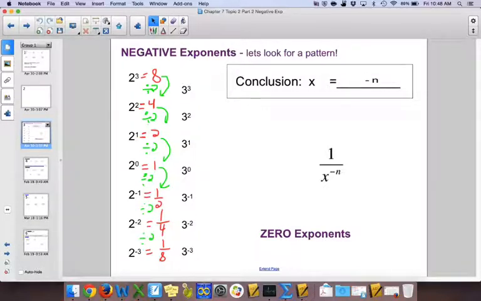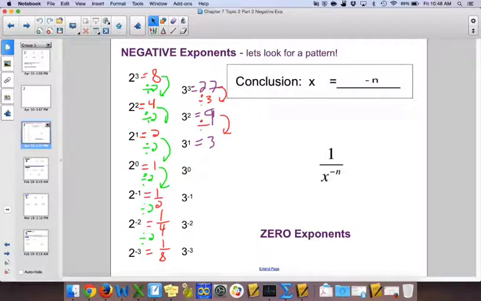Okay, let's look at the 3's. 3 to the third, that's 3 times 3 times 3. That should give us 27. 3 squared gives us 9. 3 to the 1, well that's 3. So the pattern this time around is we're dividing by 3 each time.